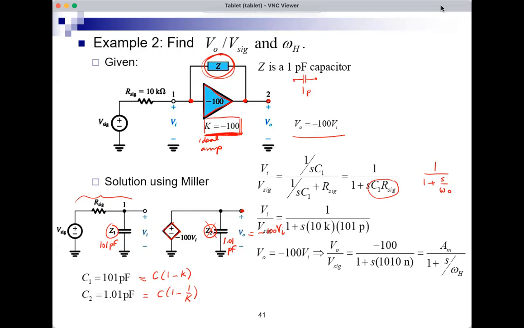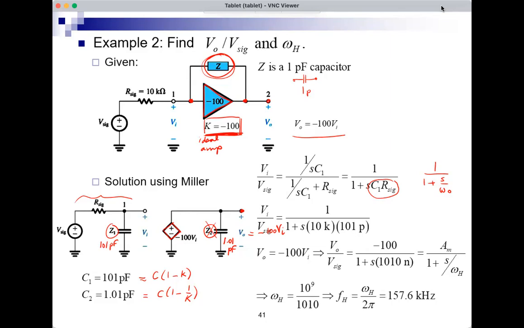And it's obviously of the form AM over 1 plus S over omega H, or K over 1 plus S over omega 0. So I know that now the value of omega H would be 10 to the 9 over 1010, and the value of FH, if I want it in kilohertz, would be 157.6 kilohertz.